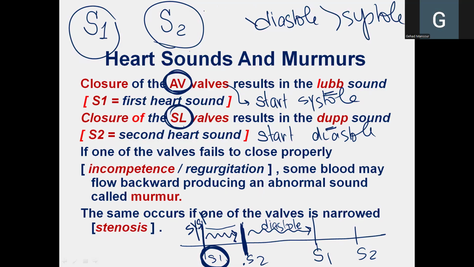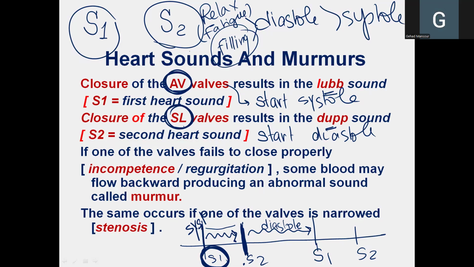First of all, it allows relaxation of the ventricles to prevent fatigue of the ventricles, and furthermore, it allows filling of the ventricles. So diastole is important for the ventricles to relax in order not to get fatigued, but at the same time to have enough time to fill with blood.